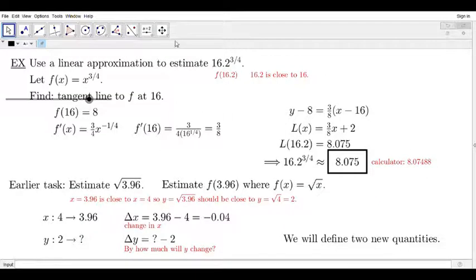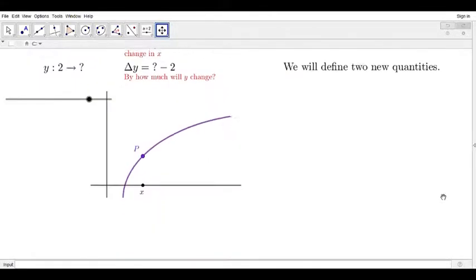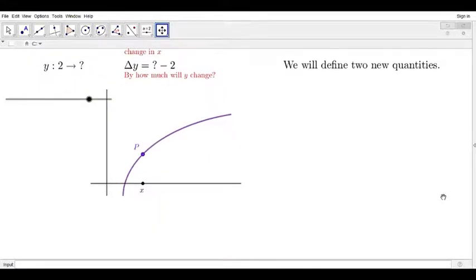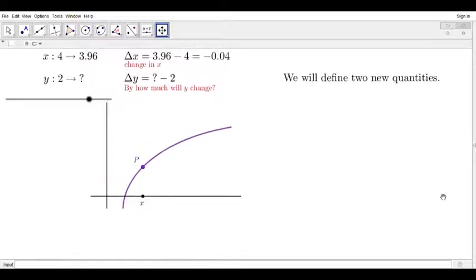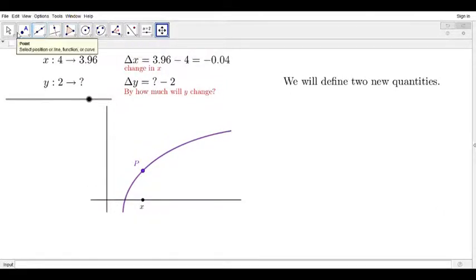Shown below is the graph of some function f. P is the point on the graph corresponding to a particular value of x. Suppose x changes by delta x. Let Q be the corresponding newer point then on the graph of this function f, the purple graph.